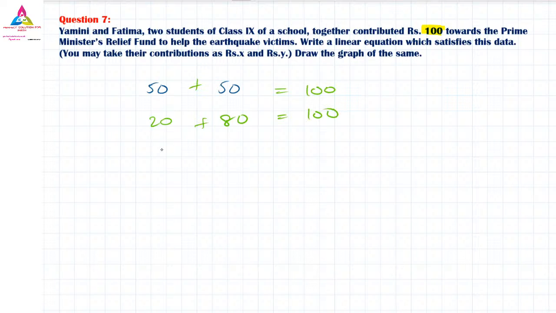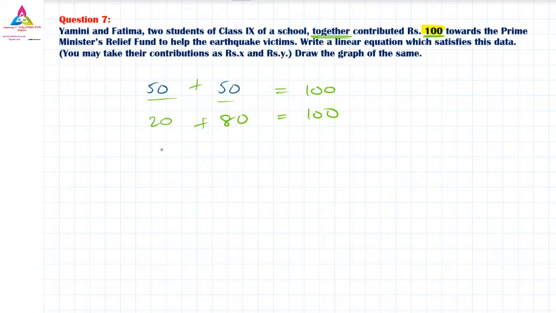You understood the question? The word suggested is together, and they are not saying that both are contributing 50 each. Maybe someone is giving more and someone less; that also we don't know. So both of them together are giving the 100 rupees.